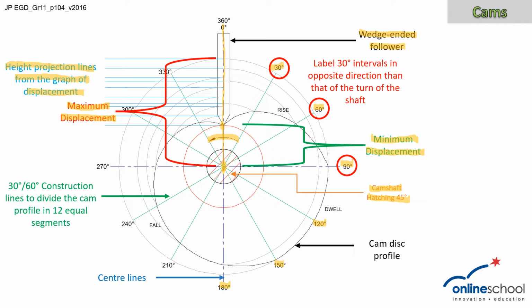Then we will take our compass, place it at the center point of the cam disk or the camshaft, and stretch our compass to each of these different height intervals and project them accordingly to the 30-degree intervals at each of those different heights.